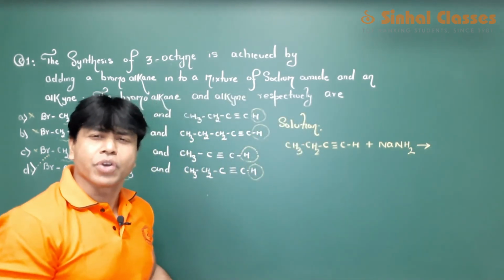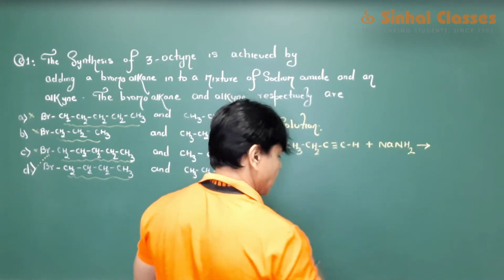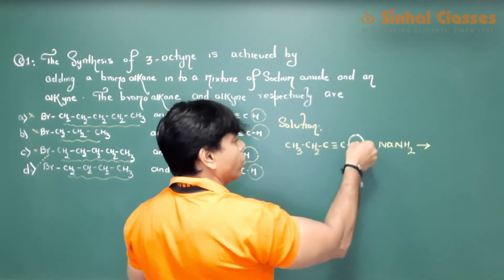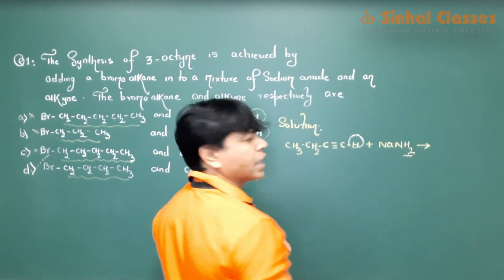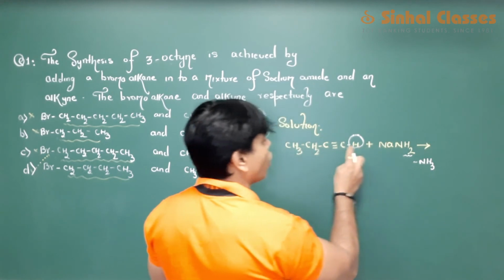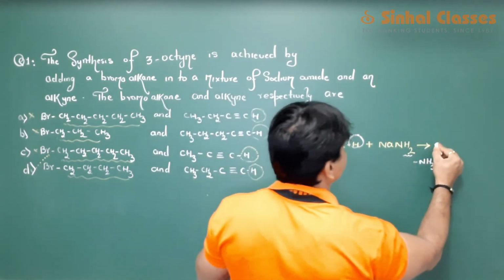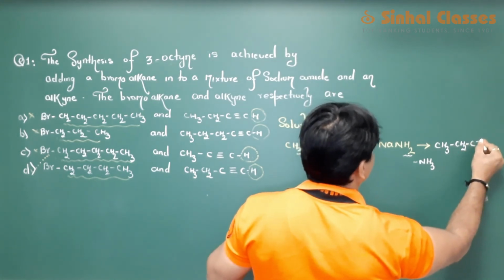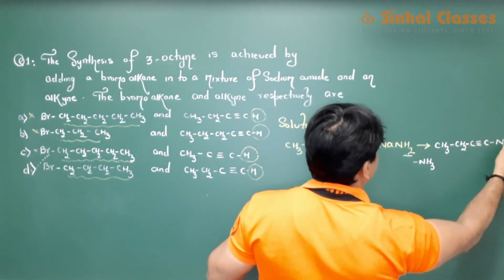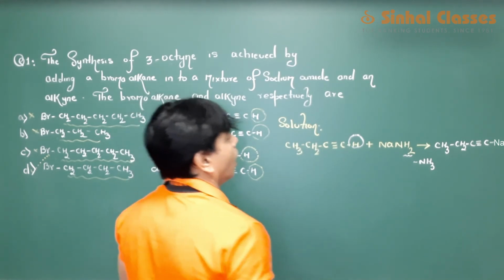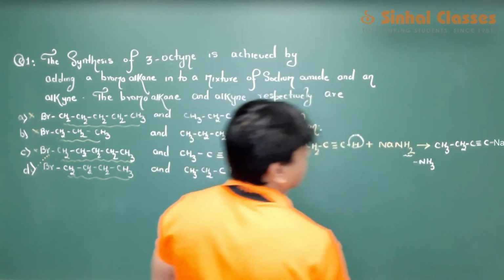When you treat it with soda amide, this acidic hydrogen moves out with NH2 as ammonia gas, and sodium will get attached here.